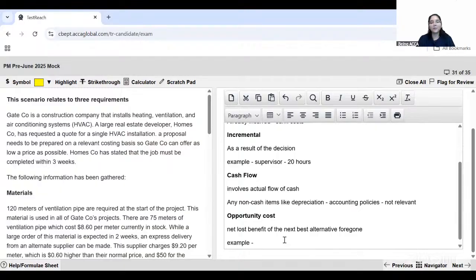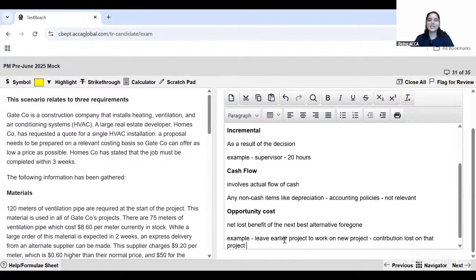So if they have to leave the earlier project to work on the new project, then the contribution lost on that project will be considered to be the opportunity cost and will be included in our calculations as a lost benefit, as a money kind of a thing which we have actually lost out on. So these 4 are the basic principles when it comes to relevant costing.